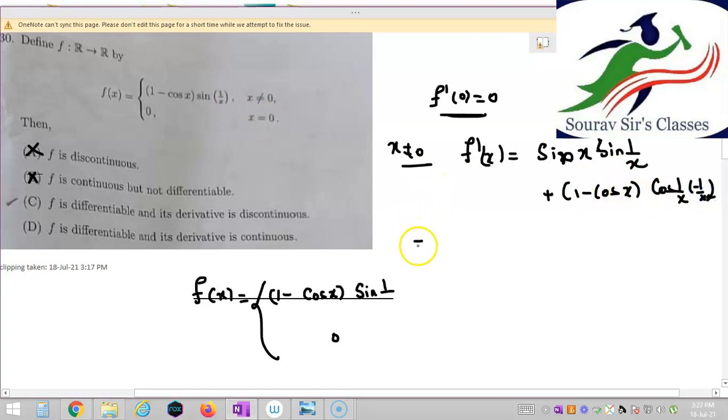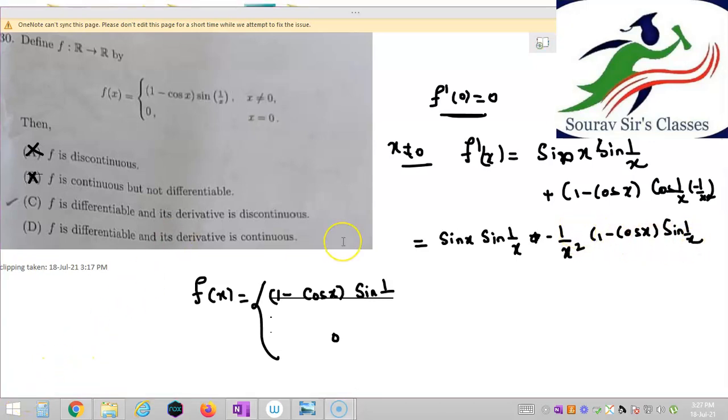So f dash x is equal to sin x sin(1/x) minus (1/x squared)(1 minus cos x) into cos(1/x), right students? So this is our f dash x.